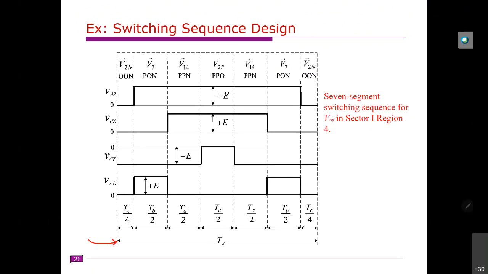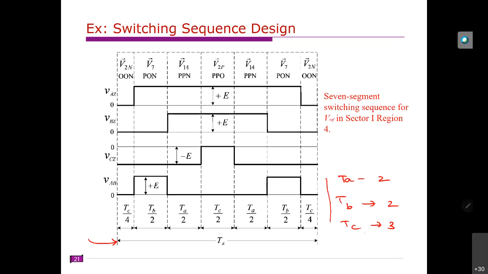That means TA is usually divided into 2 parts, and TB is also divided into 2 parts, but this TC is divided into 3 parts, right? So we can change this one, right?